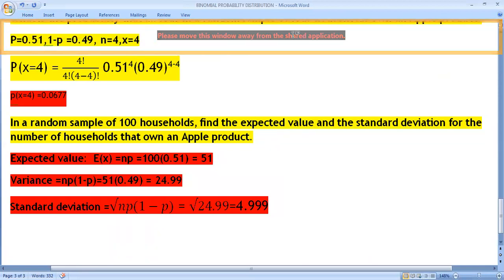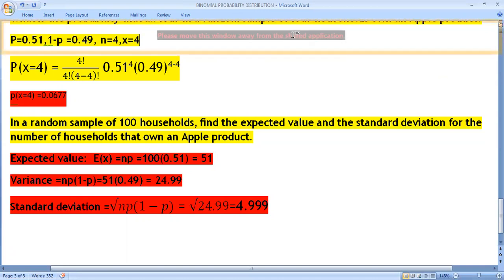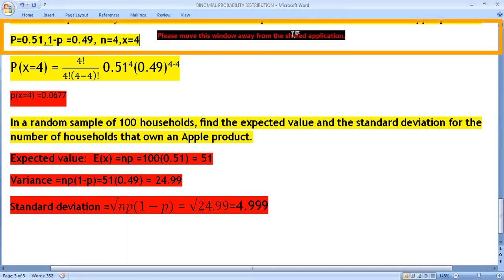So that is binomial probability distributions. We have seen how to calculate probabilities under a binomial experiment. We have seen the properties of a binomial experiment, and we have also seen how to calculate the summary measures under a binomial experiment. In my next video, I'll talk about the Poisson distribution.